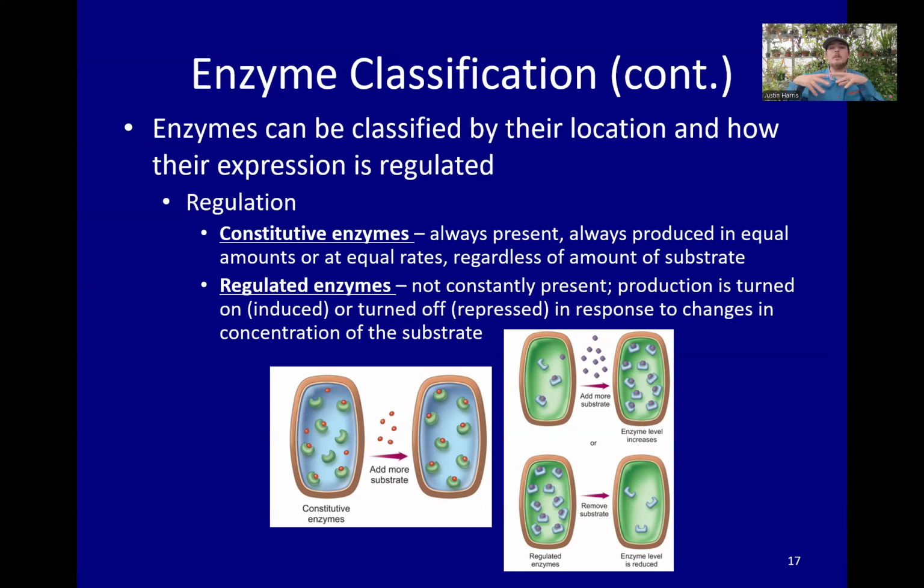But if we look at these constitutive enzymes, they are usually expressed at the same level in every cell. Sometimes they're the same level in different cell types. Sometimes they're the same level in different organisms. That's how important it is for life, and it has to be made at a specific level. In this case, we're just saying we know that it's uniform in all of these cells.